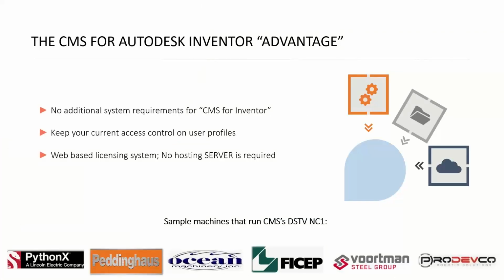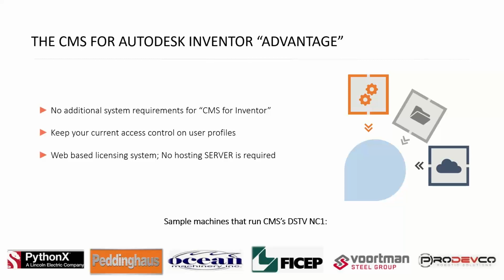So what's the advantage quickly of using our solution? It's a complete plugin. You don't have any system requirement for the software to use. It runs on your Inventor platform, so any system that is okay with Inventor will be okay with our CMS for Inventor solution.